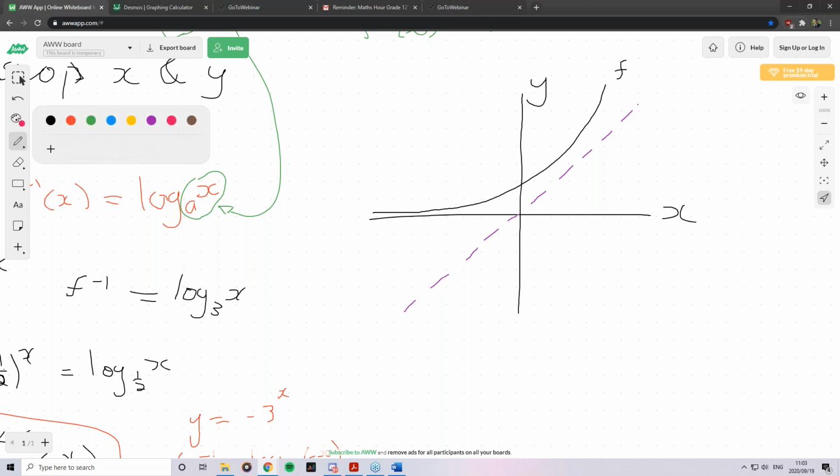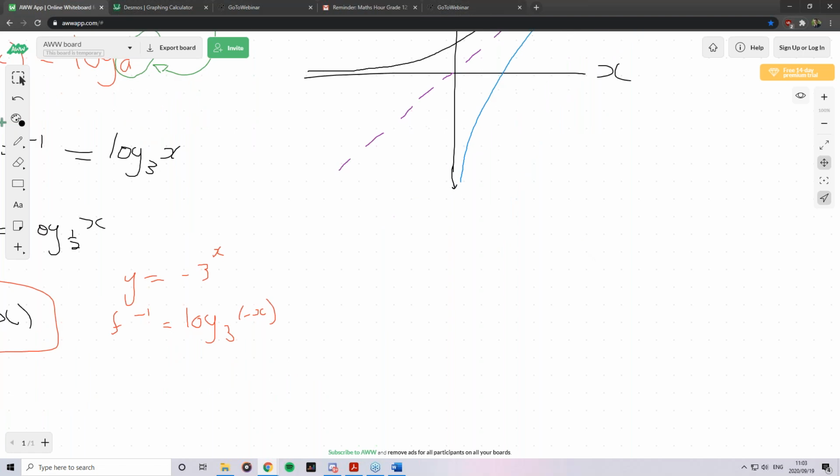And my inverse becomes something like this. If this function will tend towards this axis, this one will tend towards this axis here.